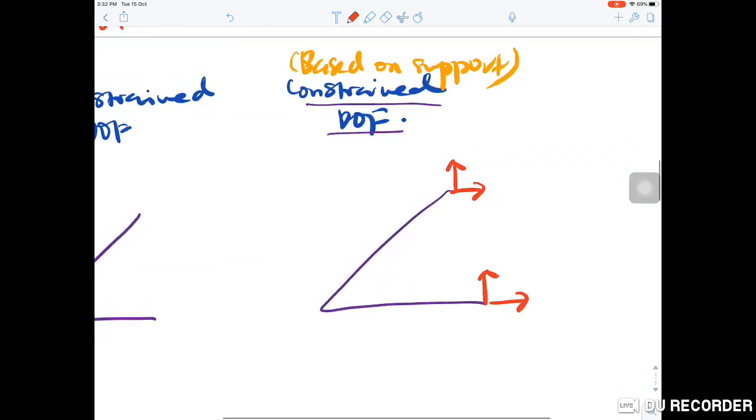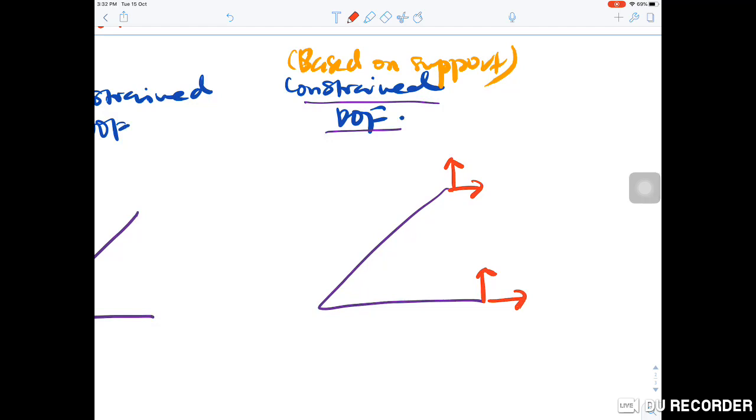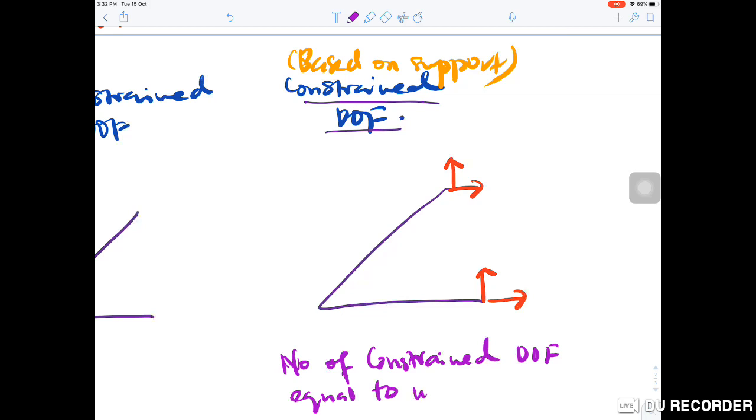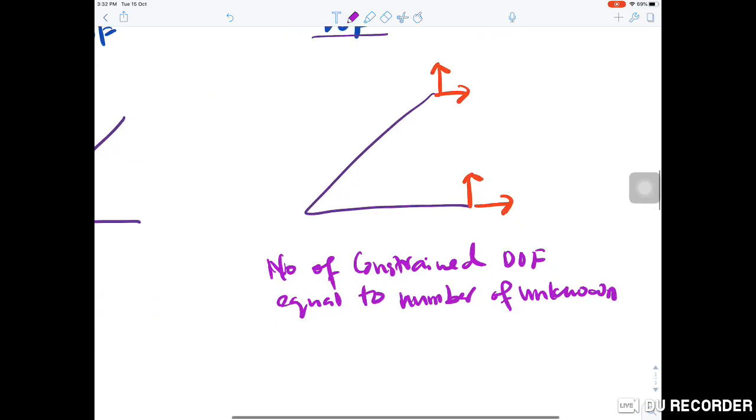What I can conclude here, this is the easiest way to determine the degrees of freedom in the constraint system. The number of constraint DOF is equal to the number of unknown reactions in the truss.